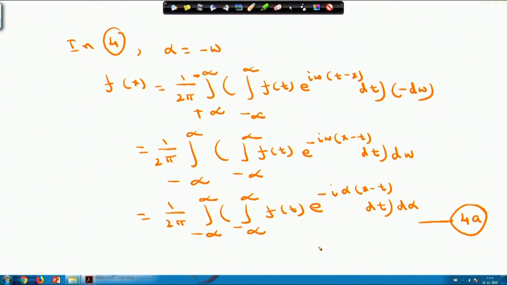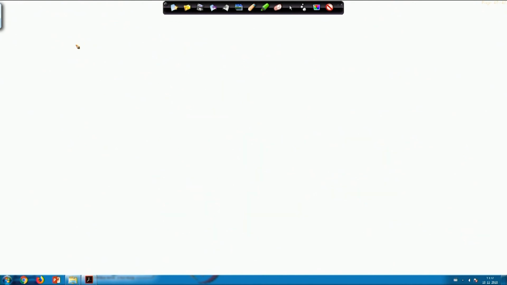Now, in 4, if I use alpha equals minus omega, then f(x) I am writing like this: 1 by 2 pi, integral from minus infinity to infinity of f(t) e to the power minus i alpha (x minus t) dt d alpha. So, instead of 4, if I work with equation 4a, then I will get some other form.